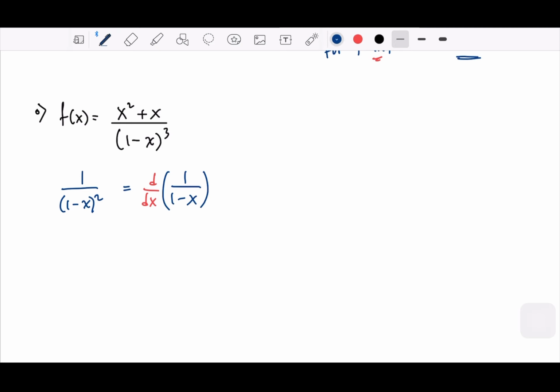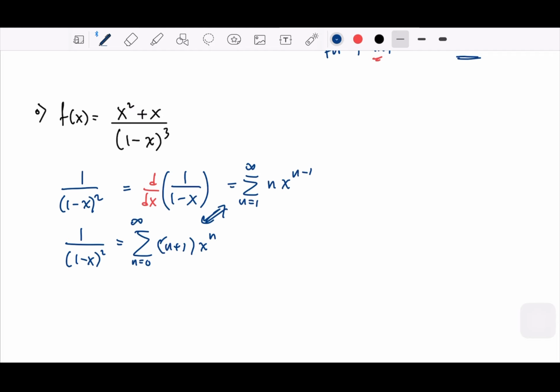And then we are getting the sum of (n plus 1) x^n, or if you want to write it starting from 1, you can have n x^(n minus 1), but I would like to write it in terms of n equals 0. Okay.